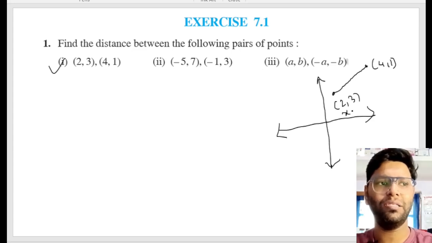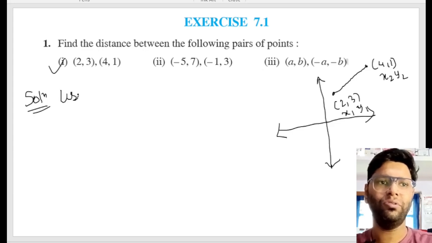Let's say this is (x1, y1) and this is (x2, y2). We are using the distance formula.